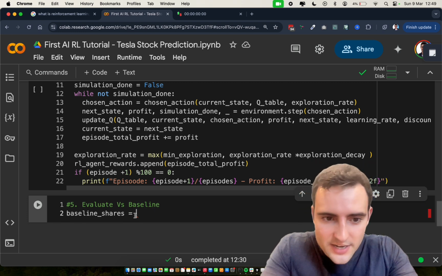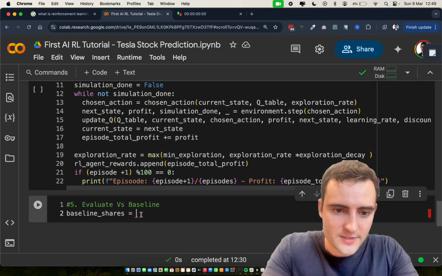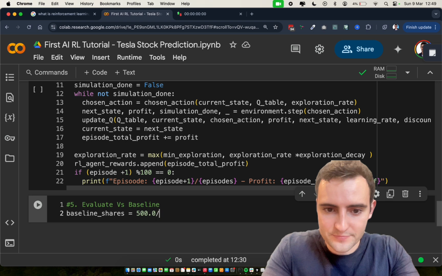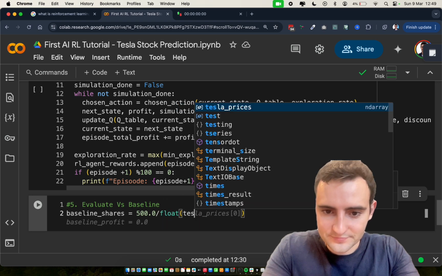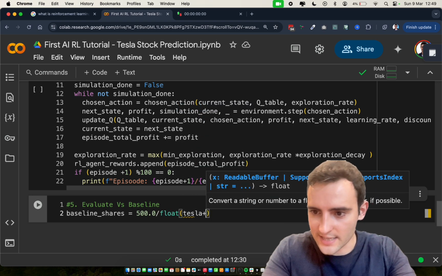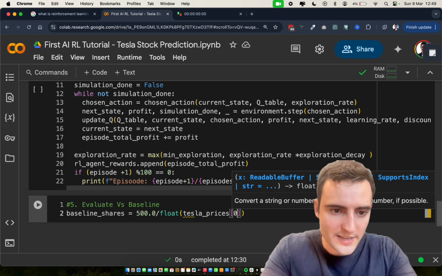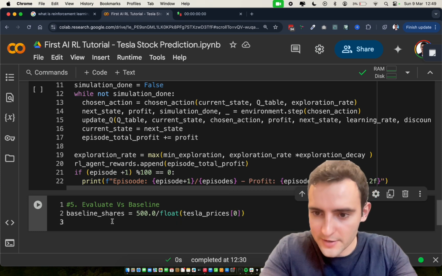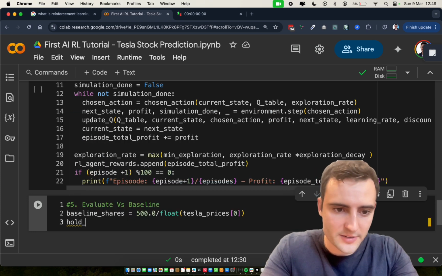But if I do baseline shares is 500, right? So we have $500 divided by float Tesla prices 0. So this is like the holding, right? If I buy at the very beginning and I just hold, what is the profit, right?